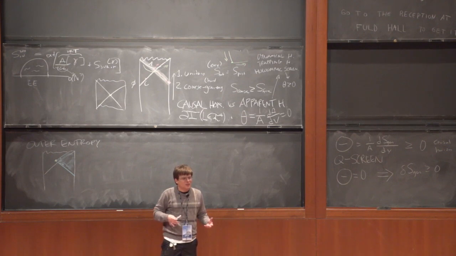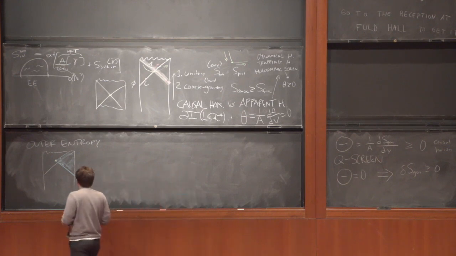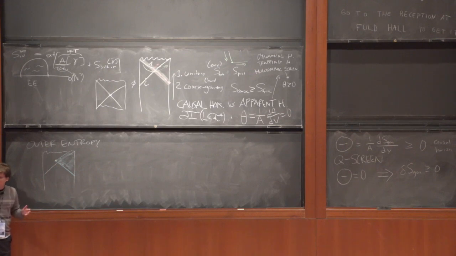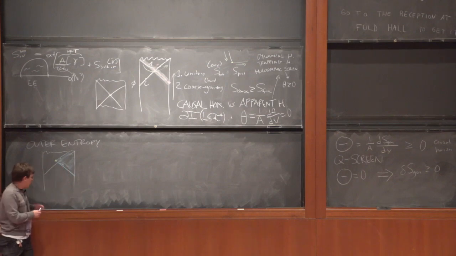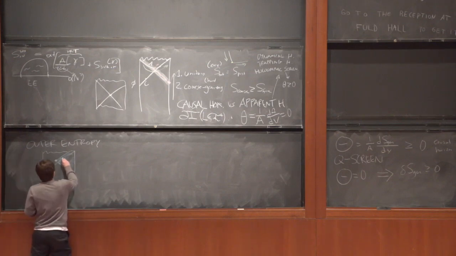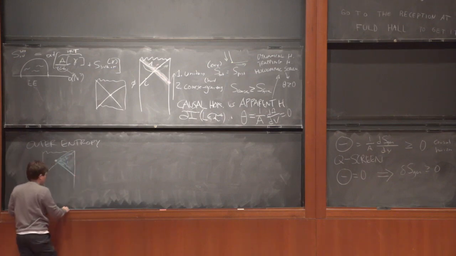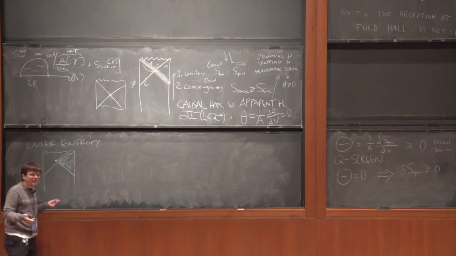I call that my coarse-grained state. So in this case, the analog of the macro degrees of freedom is the stuff that hasn't fallen across the surface, so it's everything in this blue region. That's the outer wedge, which is why we call this the outer entropy. It's the entropy holding the outer wedge fixed.